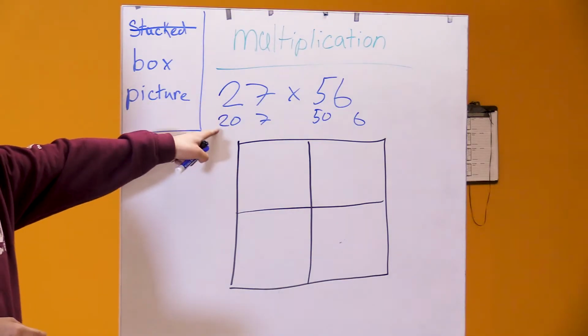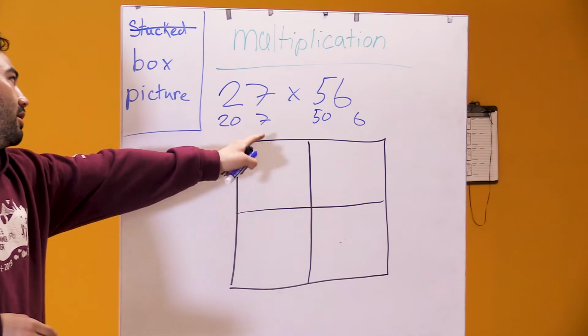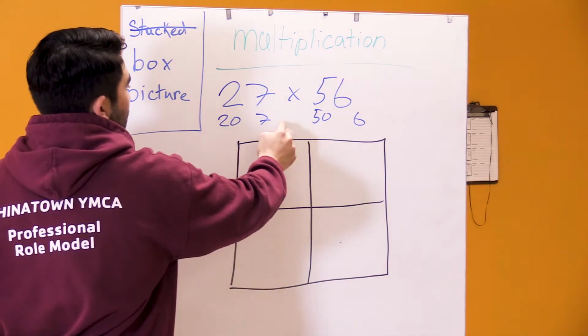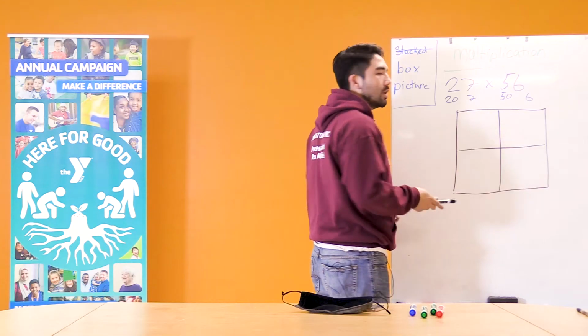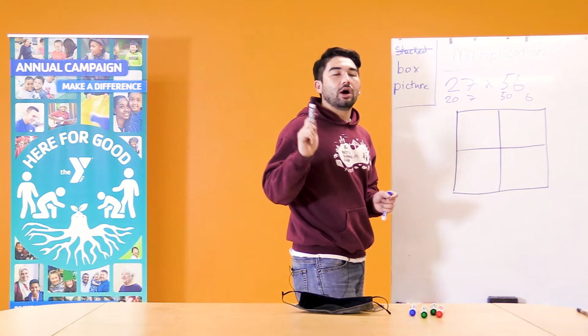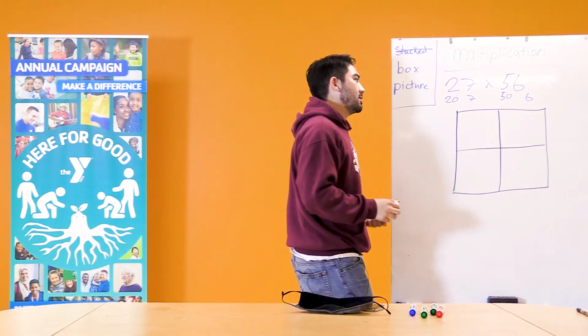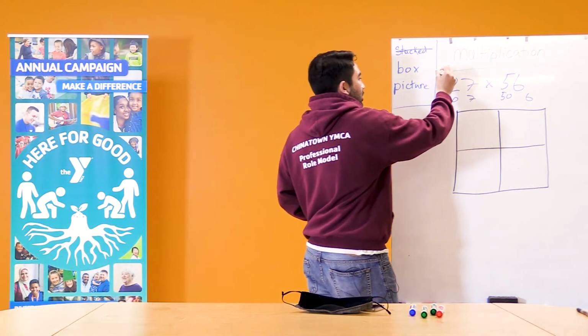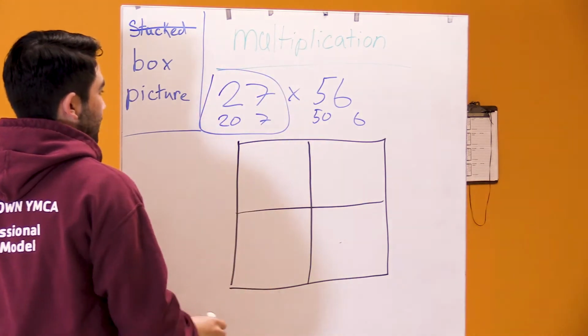So what we did is we broke apart our numbers into their parts by place value. Now we're going to put our broken up numbers onto our box. We're going to try and keep numbers from the same group on the same side.